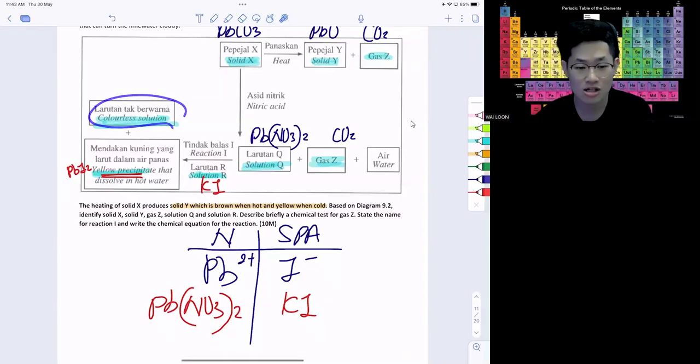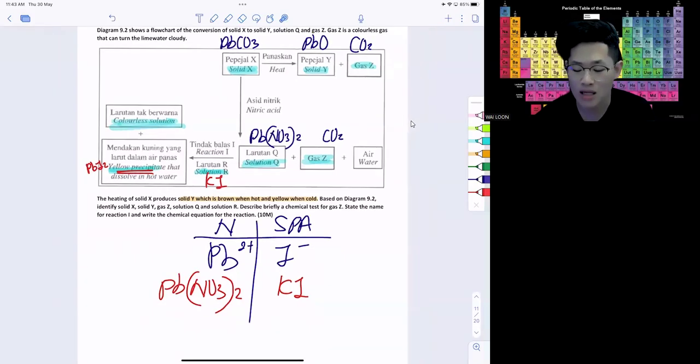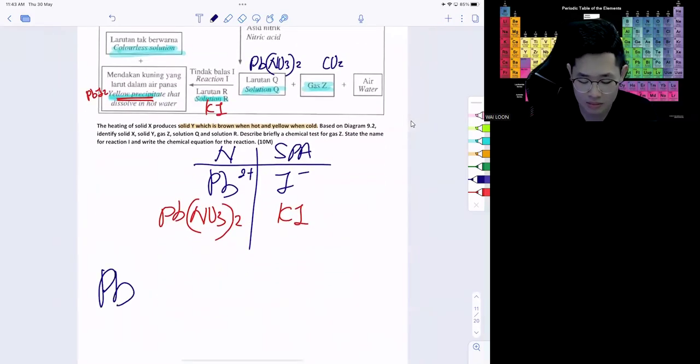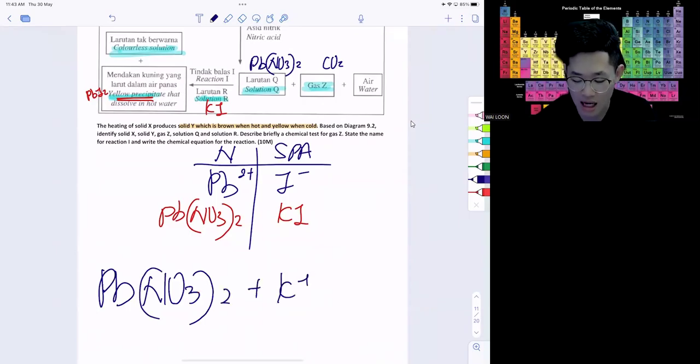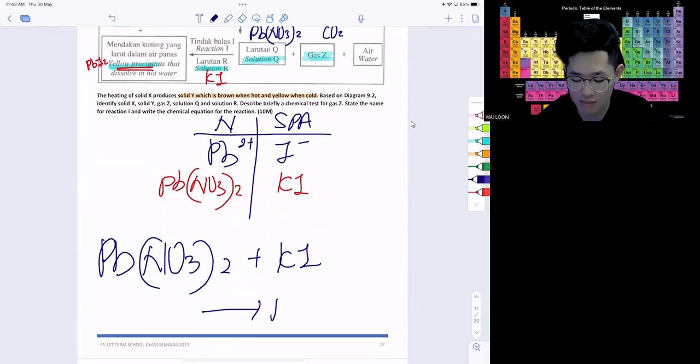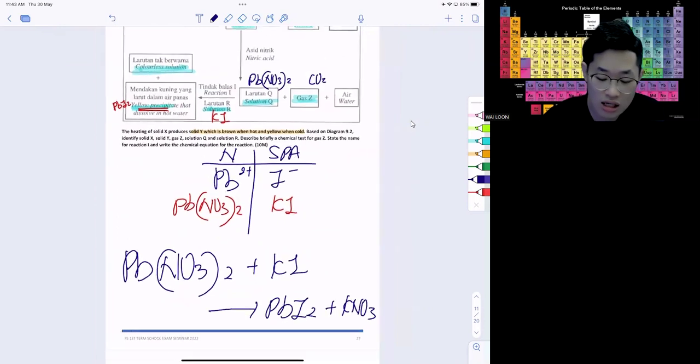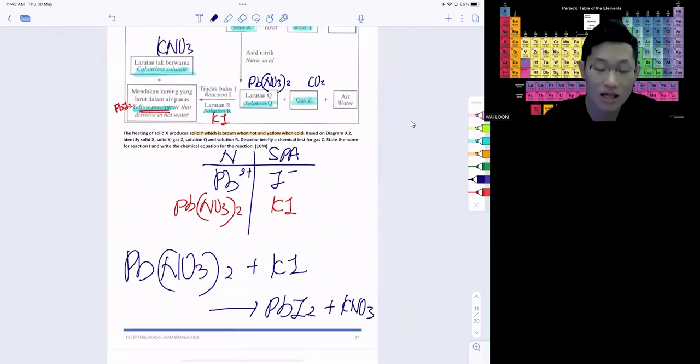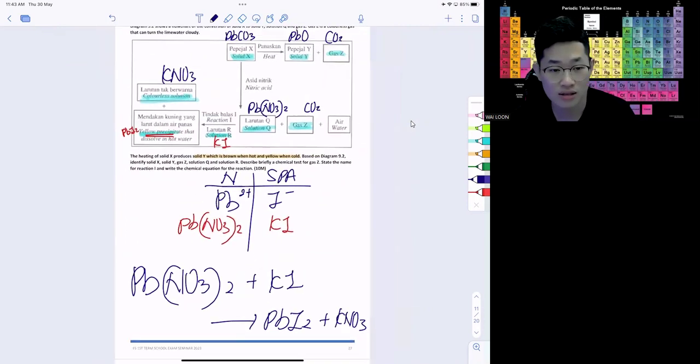Plus a colorless solution. So if I write a complete equation, Pb(NO3)2 plus KI, I'm going to get PbI2 plus KNO3. So this colorless solution will be my KNO3.